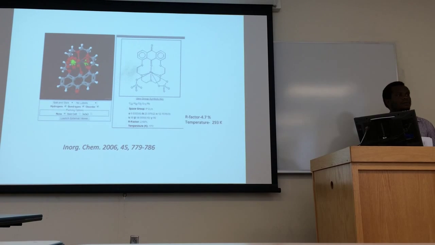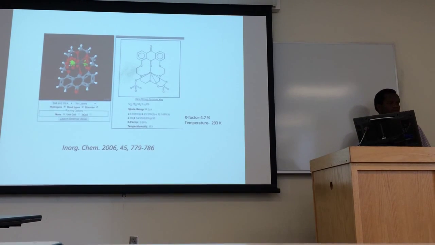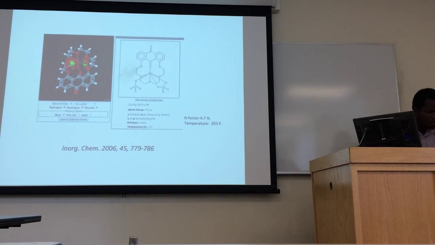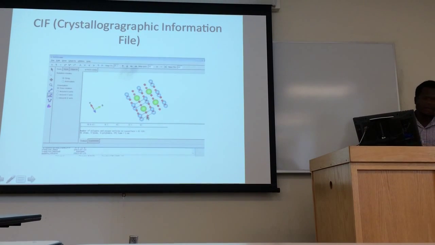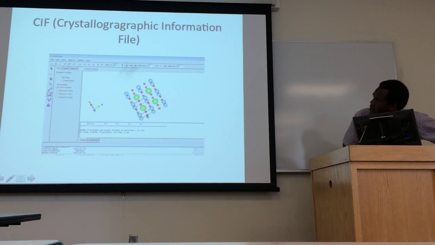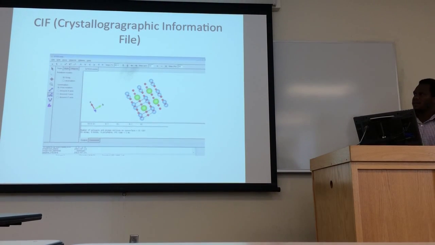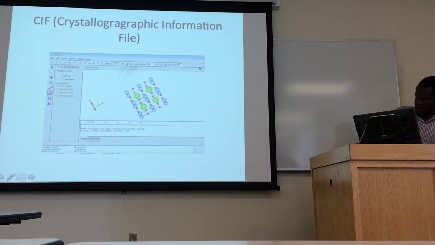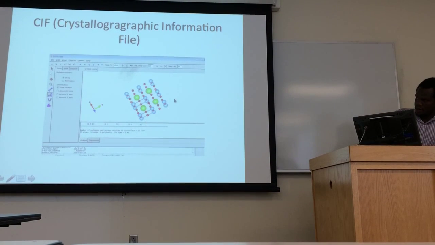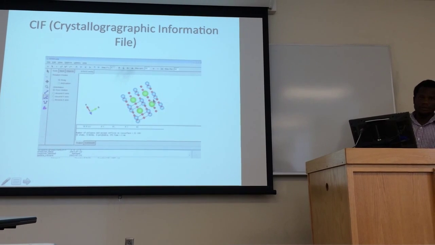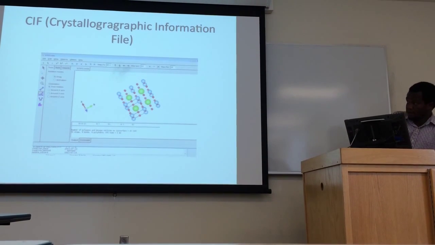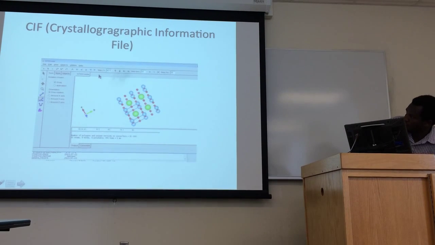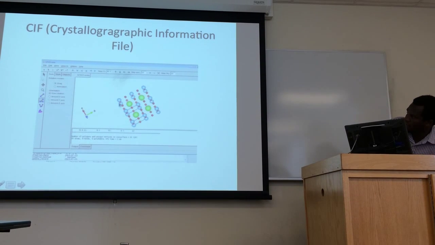Can you illustrate it with your picture with a VESTA file? Yes. So like this one, actually, we have SrTiO3. Now this is the crystal structure of strontium titanate.